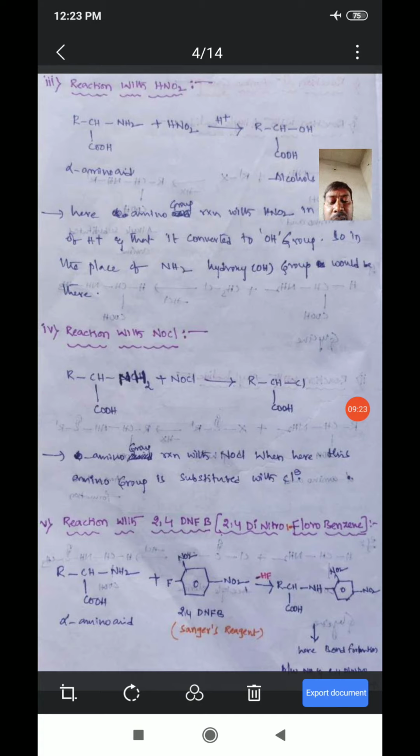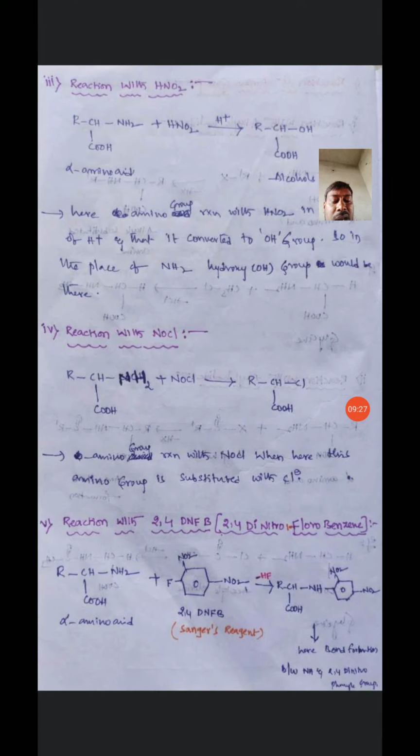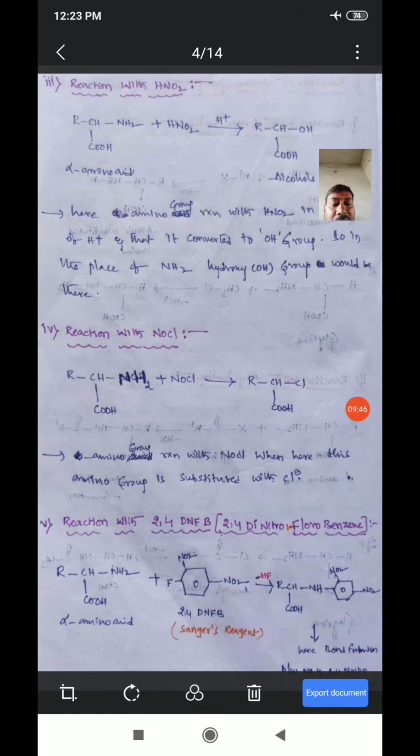One hydrogen from the amino group and the fluoride from Sanger's reagent are removed as HF, and it forms a complex with a bond between NH and the 2,4 dinitrophenyl group.